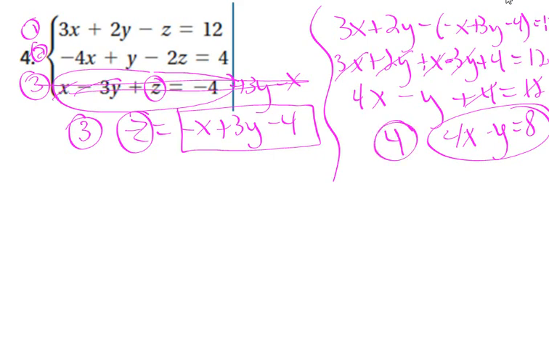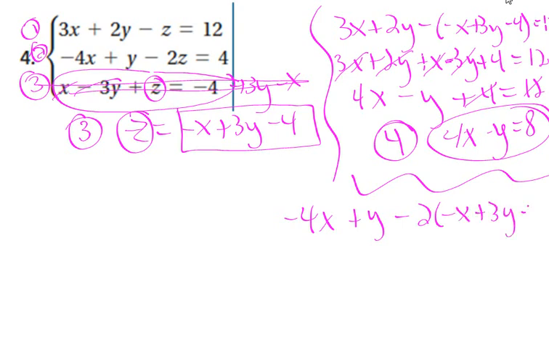Now let's substitute it into our next equation, number 2. So now we have negative 4x plus y minus 2 times z, which is negative x plus 3y minus 4. Ooh, ran out of room, equal 4. So I'll scoot that over.